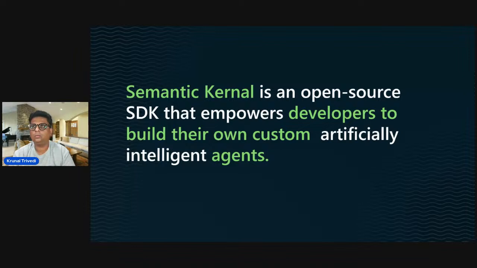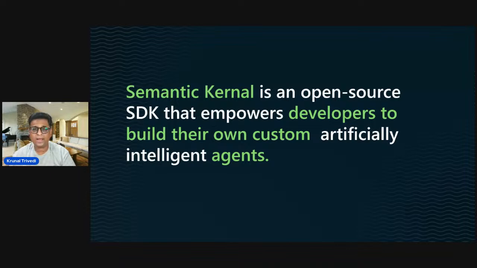So this software piece, what you are going to write, you can write in C#, in Java, or in Python, right? As of now, Semantic Kernel supports these three languages. So you can write your custom software which can do a certain amount of tasks, and which talks to LLM behind the scenes to get some help.